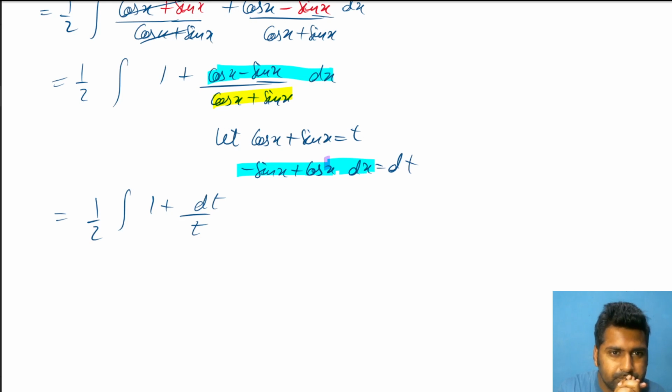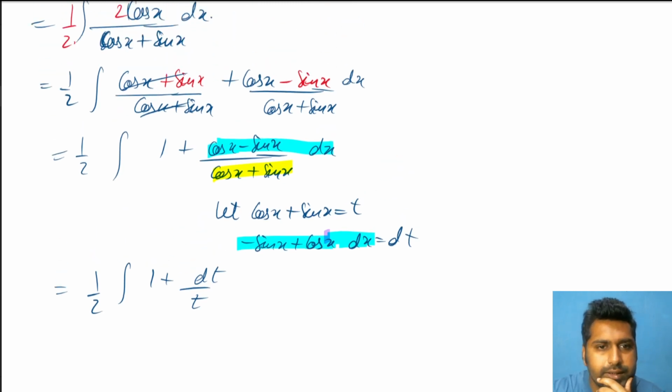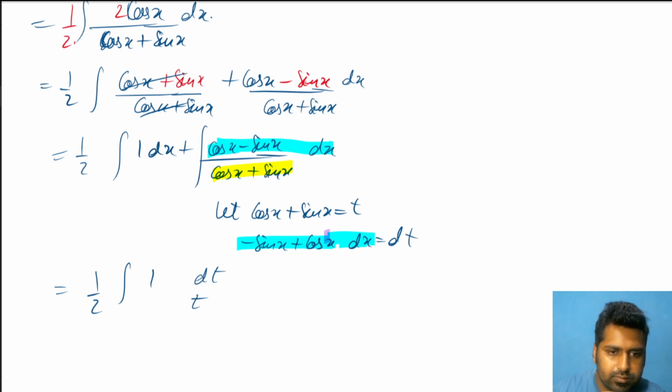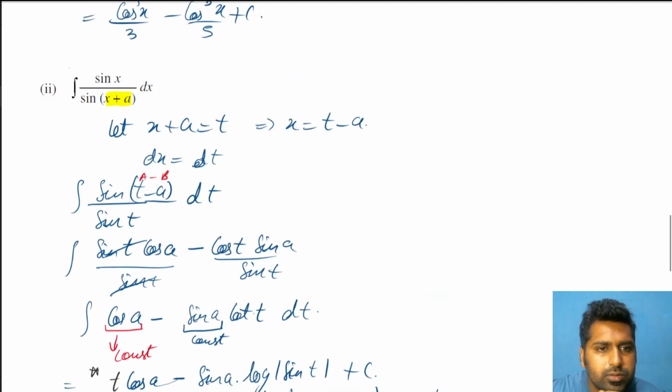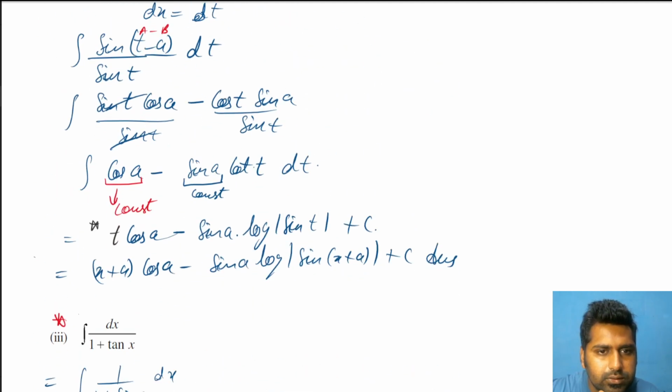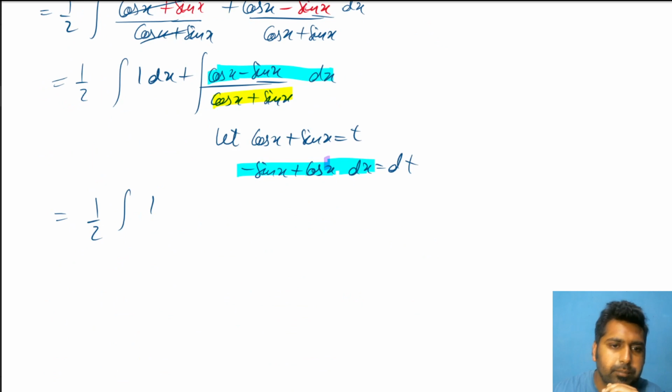One problem. I think it's better if we split the integration in two parts. Integration of this and integration of 1 dx, because this was already 1, otherwise it will confuse you. You might think the integration here was t. Earlier was it this? No, earlier was this. So integration of 1 dx plus this is integration dt by t.